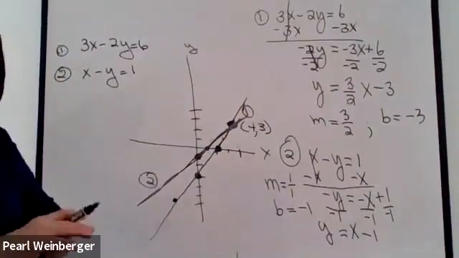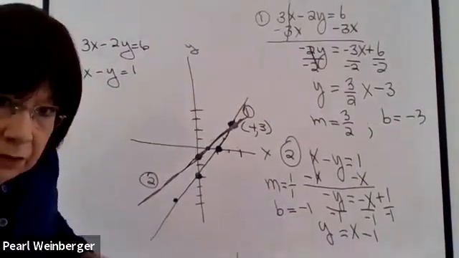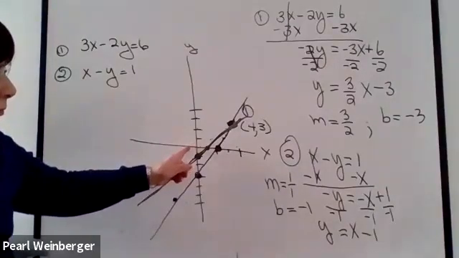Did anybody do this on graph paper with me? I did, but when I did the first one, the 3x minus 2y, it came out perfectly fine on the graph paper. But then when I plugged in the 1 and 1, I went up 1, right 1.